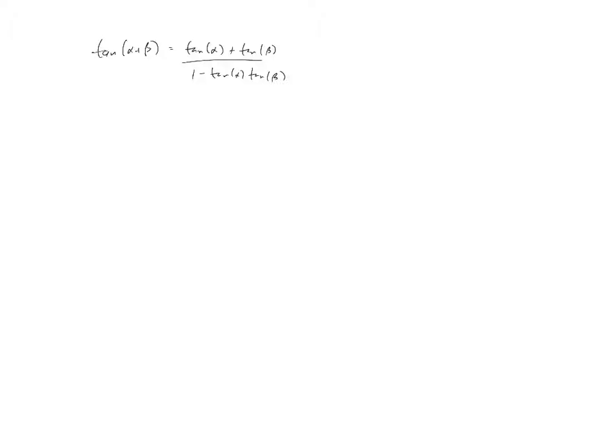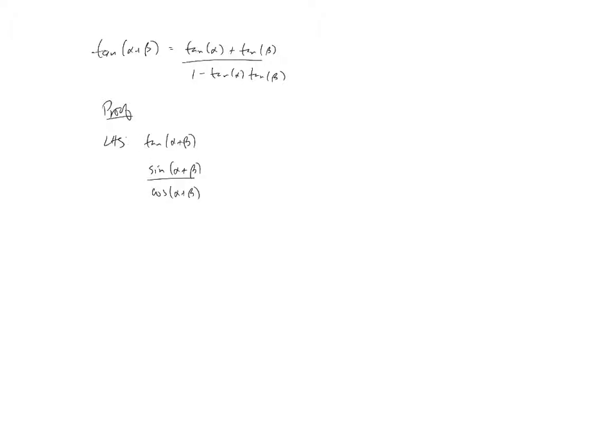It's not very difficult. So to prove the identity, I'll start with the left-hand side, which is tangent of alpha plus beta, and I'm going to rewrite that in terms of sines and cosines. So sine alpha plus beta over cosine alpha plus beta.